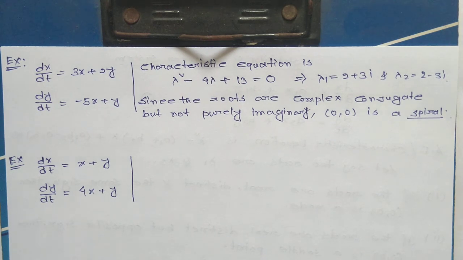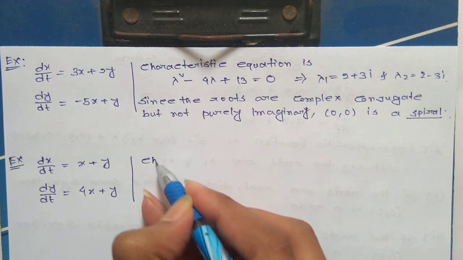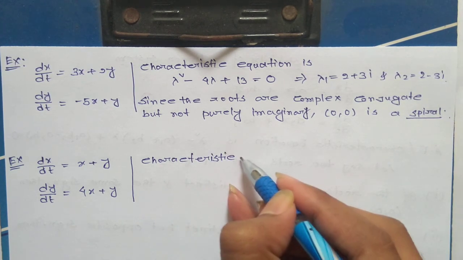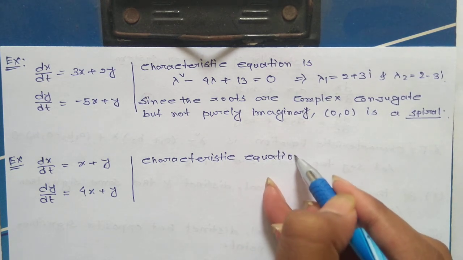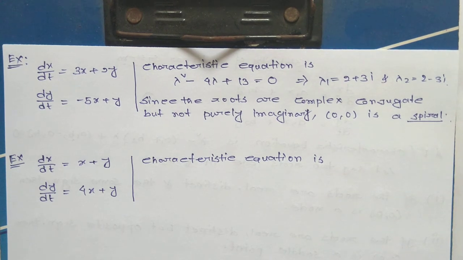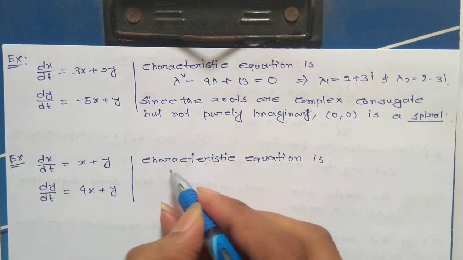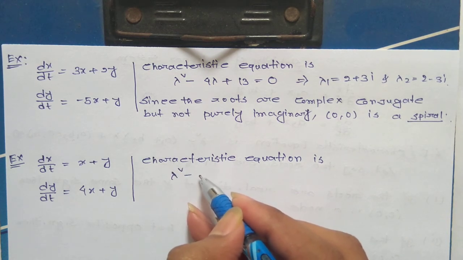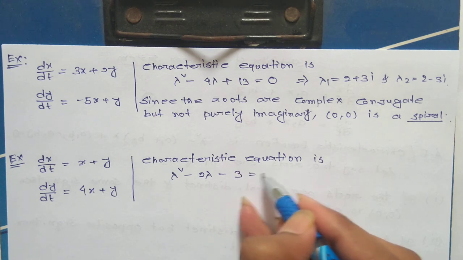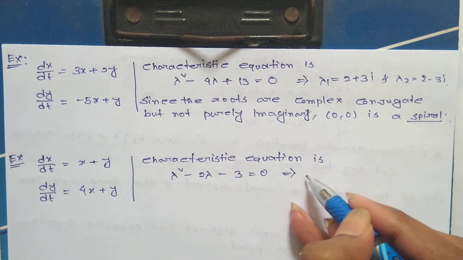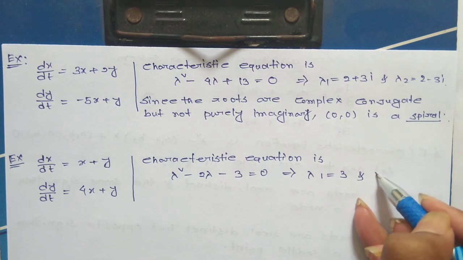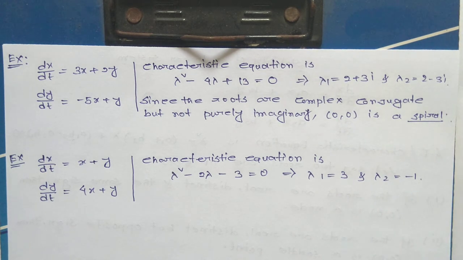So our characteristic equation is lambda squared minus 2 lambda minus 3 equals 0, which implies that lambda 1 equals 3 and lambda 2 equals minus 1.